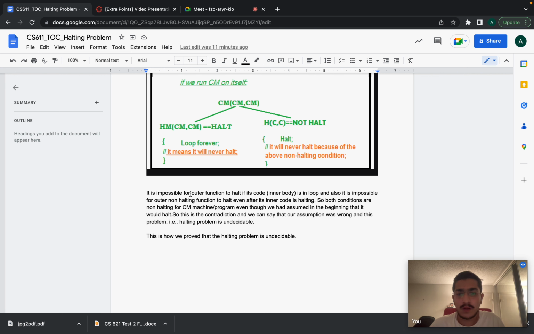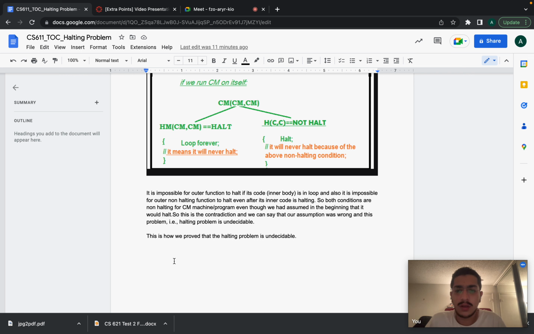So it is impossible for the outer function, that is the halting machine function, to be in the loop, and also it is impossible for the outer non-halting function to halt even after the inner code is halting. So both conditions are not halting for the CM machine, even though we had assumed in the beginning that it would halt. So this is the contradiction, and we can say that the assumption was wrong, and the halting problem is undecidable.